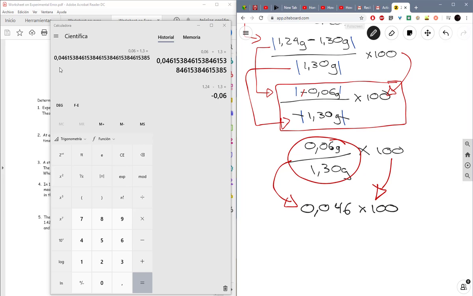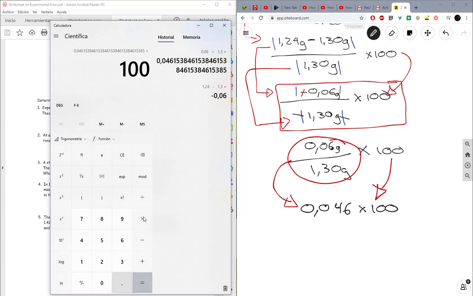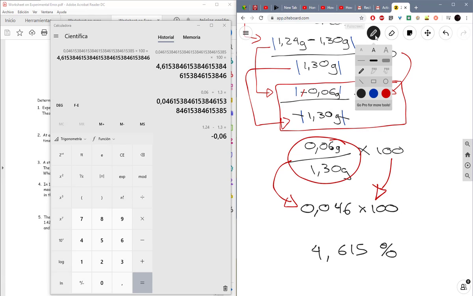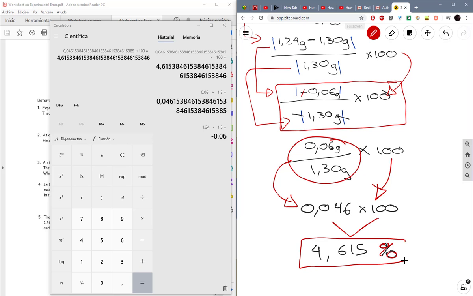So we have this number, and then we multiply it by 100, which is 4.615%, because the result of this operation of percentage error is a percentage. So we have to put this sign of percent at the end. And this is the result of our exercise.